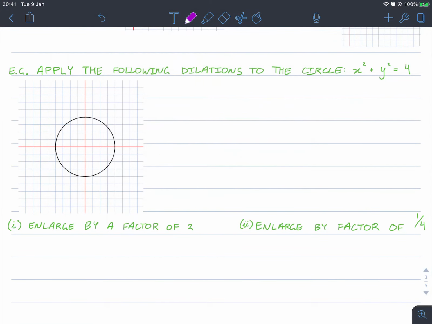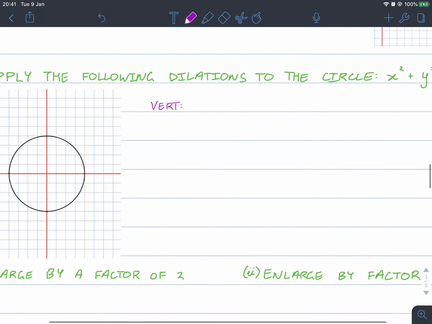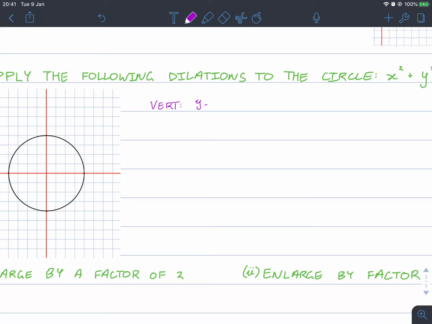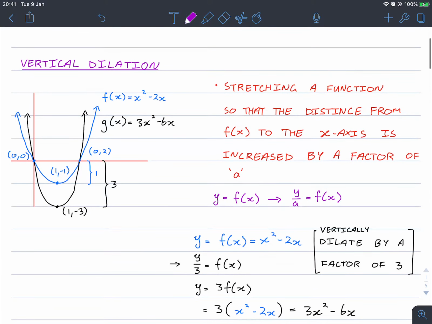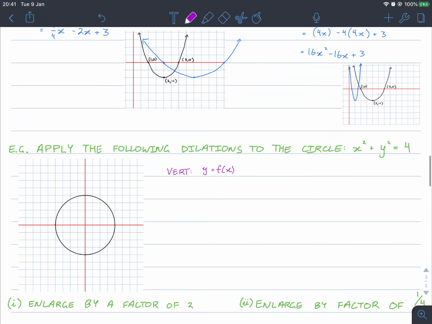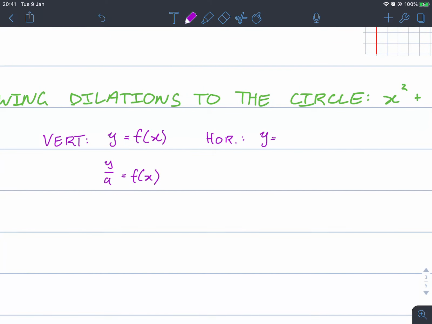Just so that we can remember the vertical dilations, if we have some expression y equals f of x, for the vertical dilation we replace y with y on a, and for the horizontal we replace x in f of x with x on b, some factor of b.